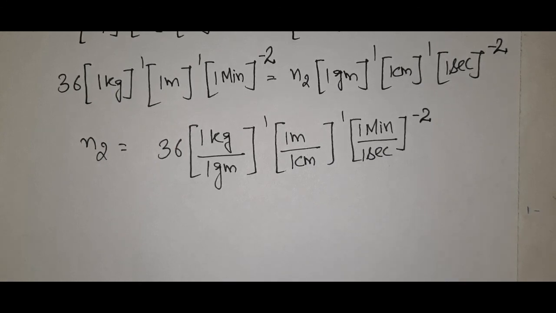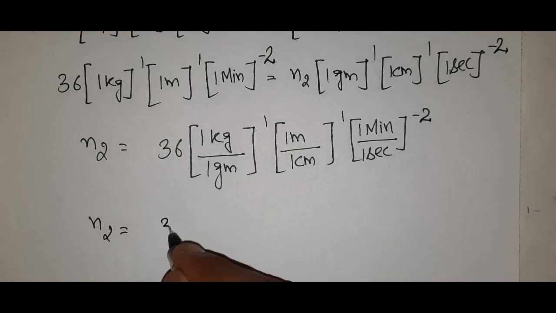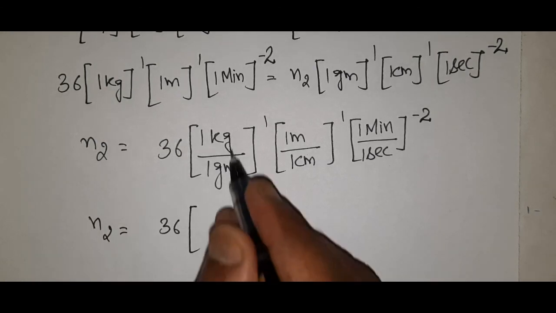Now placing all the values and converting. N2 is 36 kg.